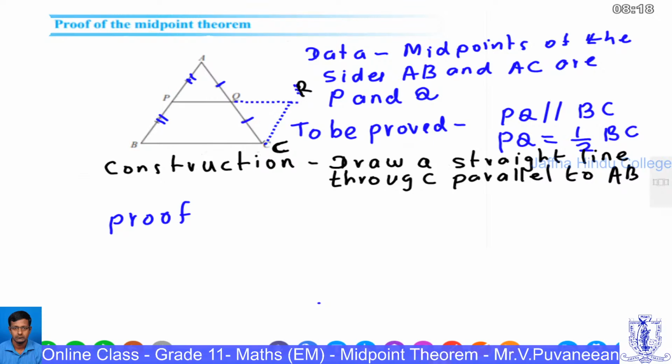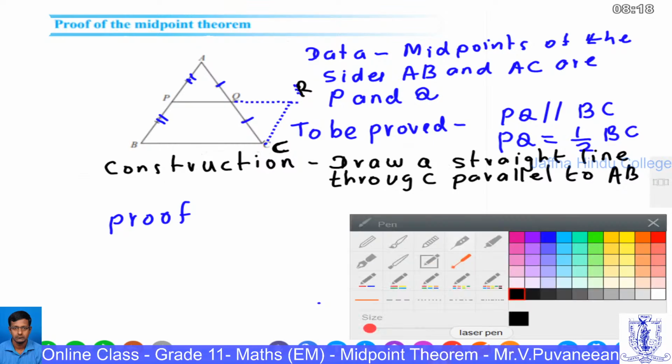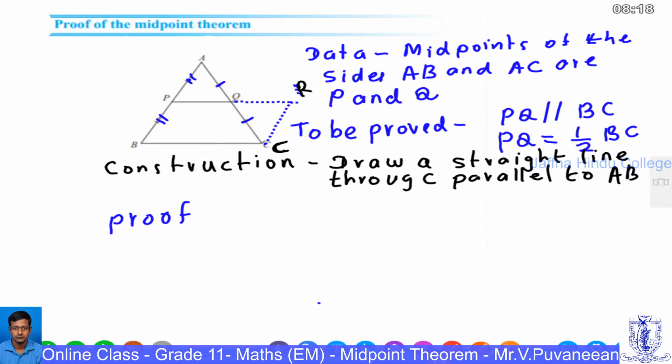CR and PB are the opposite sides of parallelogram PRCB. We already drew this. PB is parallel to CR according to the construction.